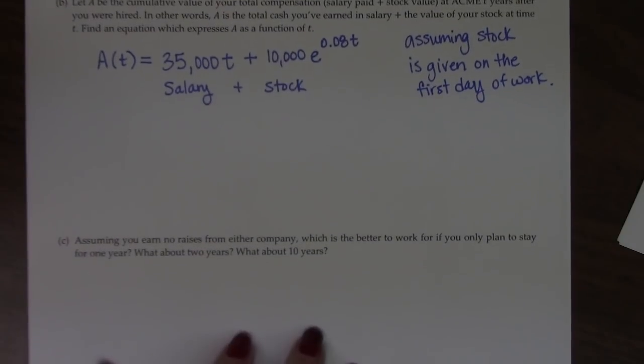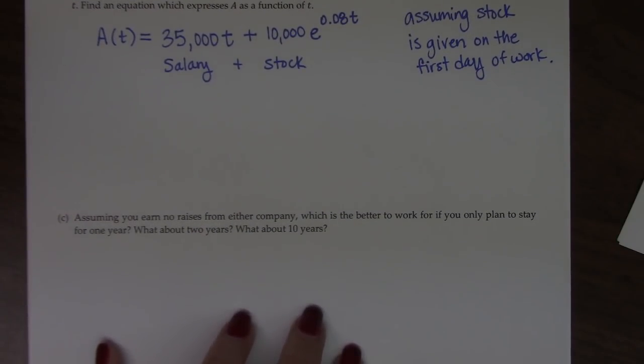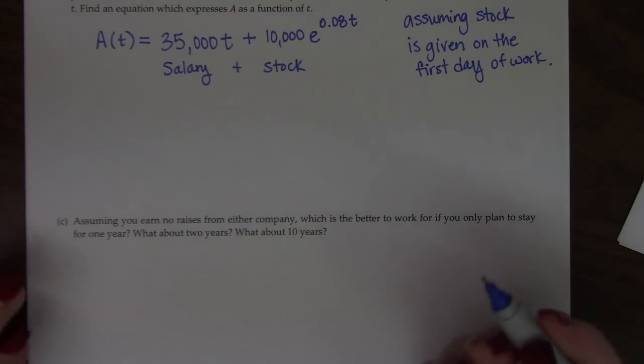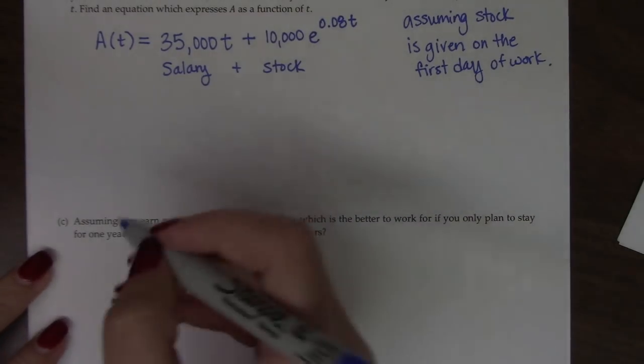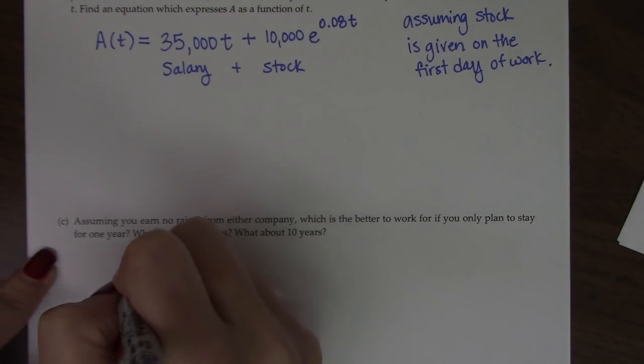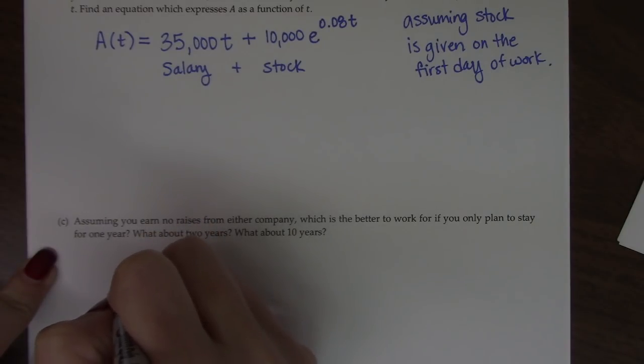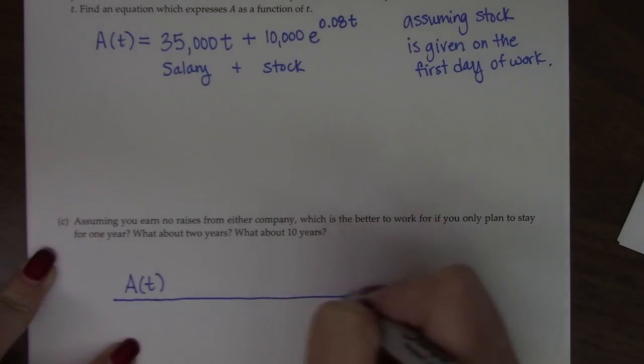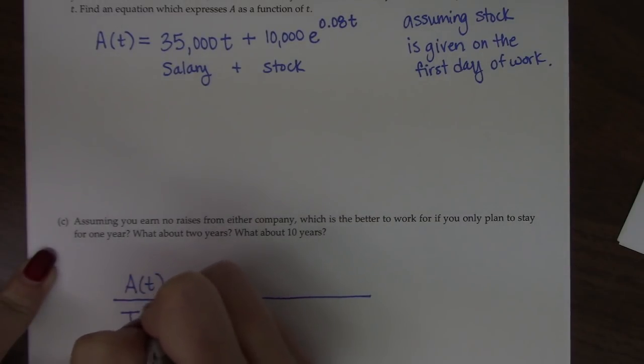So sometimes you can say, this is what I'm assuming based on what I read in the problem. All right, C says, assume you earn no raises from either company. Which is better to work for if you only plan to stay for 1 year, 2 years, or what about 10 years? So here's what I would do here. I would say, well, there's two companies, right? We have Acme and we have Turtle Wax.